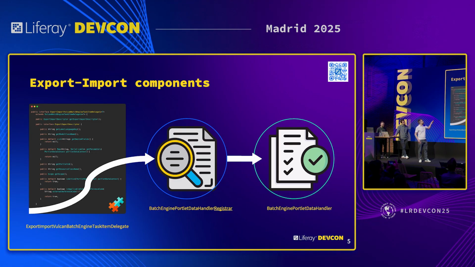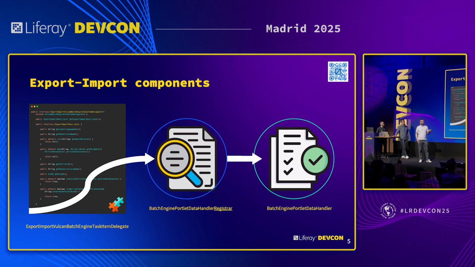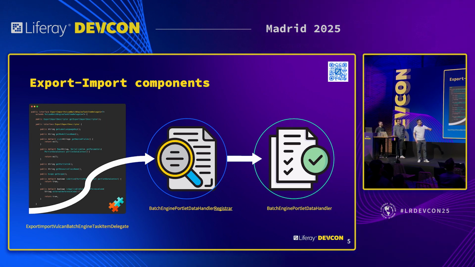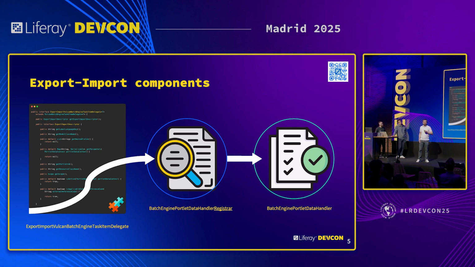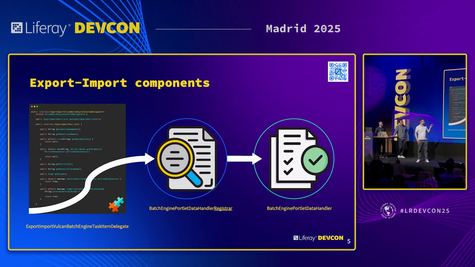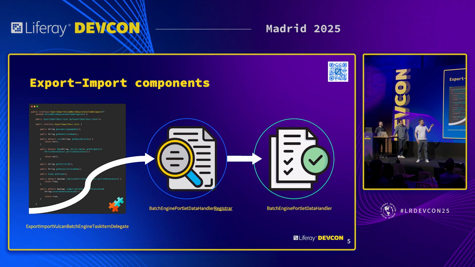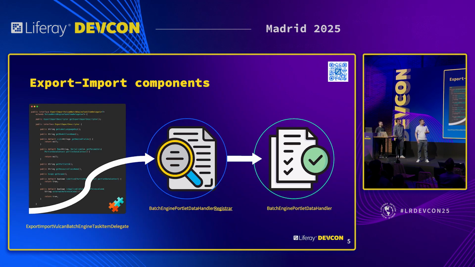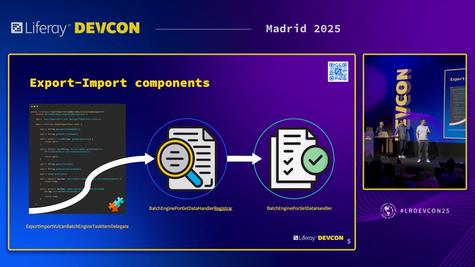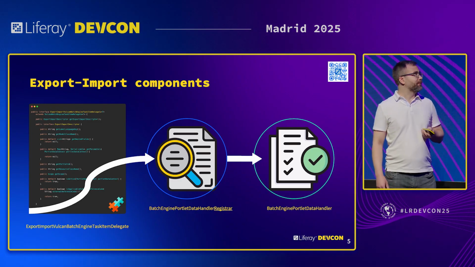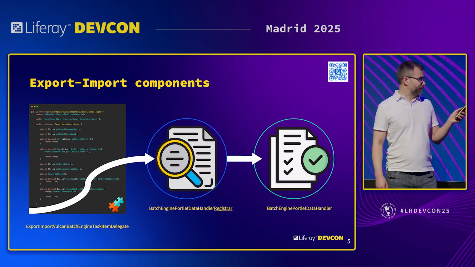And it has a descriptor interface as well, and it has all the data that the registrar needs to register a batch engine portlet data handler for your processes. So you have your API, you implement this interface, and when you have that, then the registrar will be able to find it and register a data handler for it automatically. So it's quite simple.